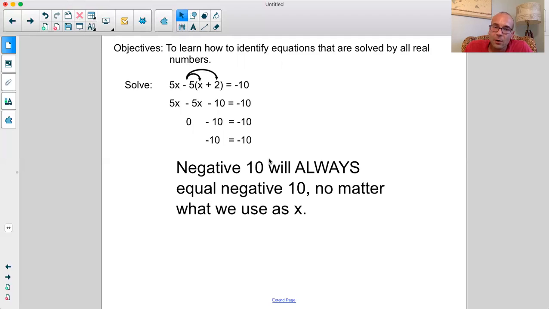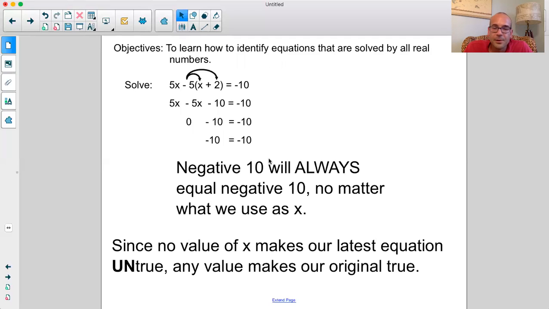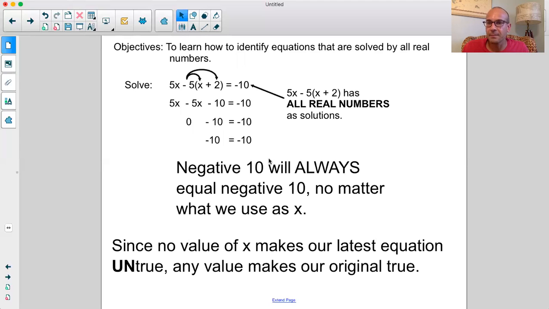Since -10 will always equal -10 no matter what x we use, there's no value of x that makes our equation untrue. That means every value of x makes it true, so we would say the original equation has all real numbers as solutions.